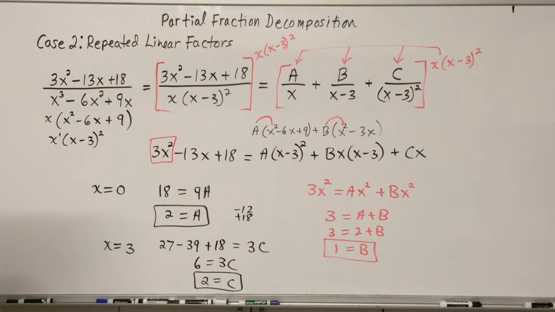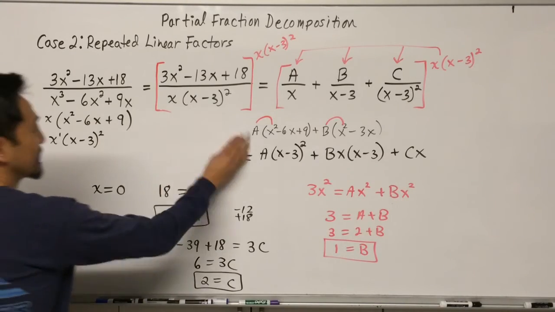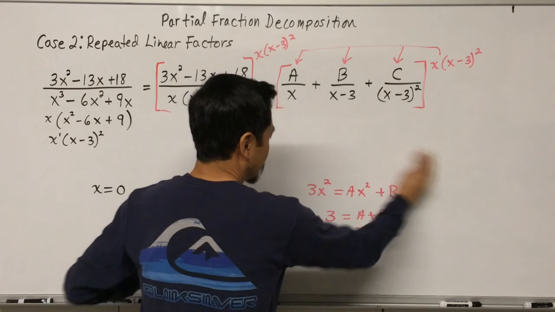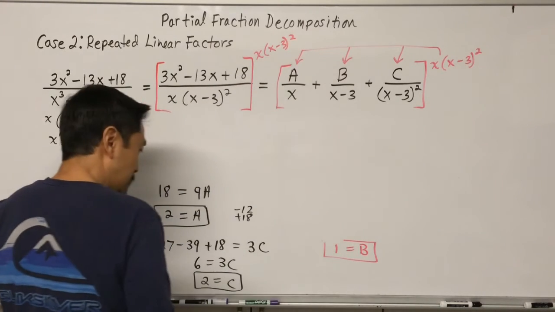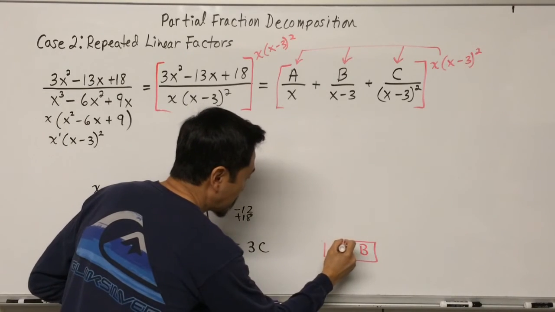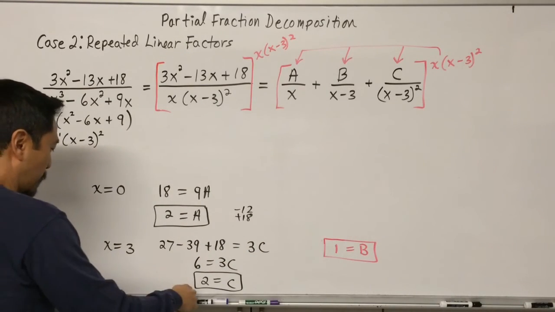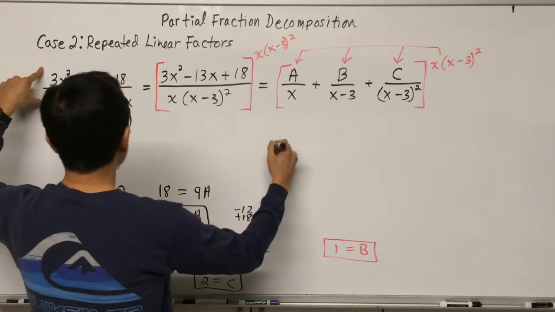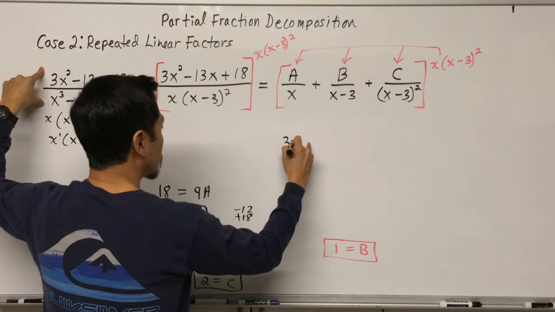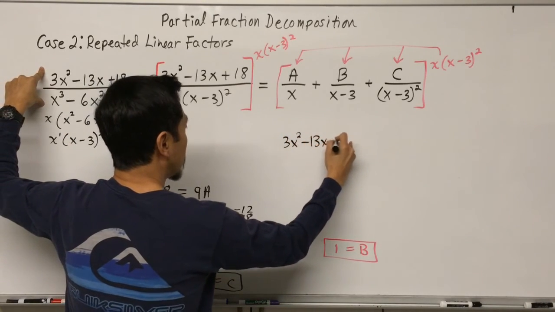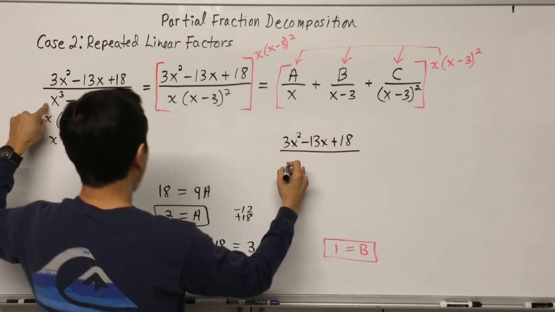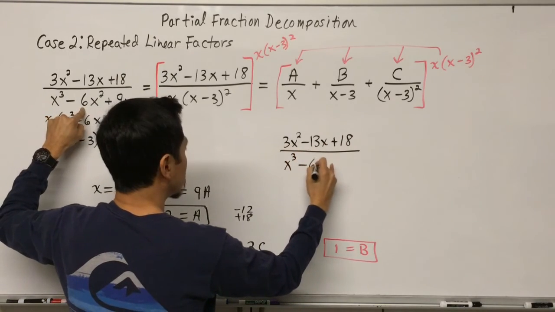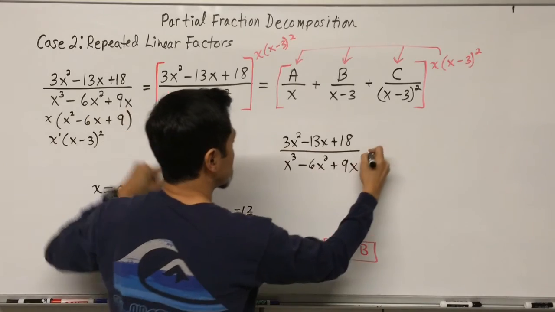Now we know what our decomposition is. So I don't know, where am I going to write this? Okay. So, let me fix that. The original fraction that we had was 3x squared minus 13x plus 18, all divided by x cubed minus 6x squared plus 9x.